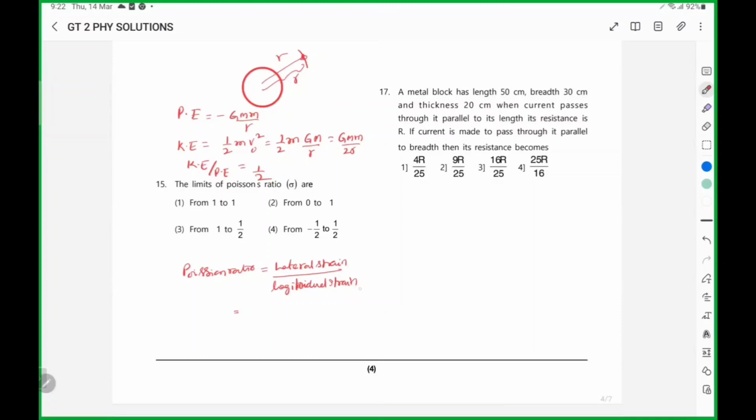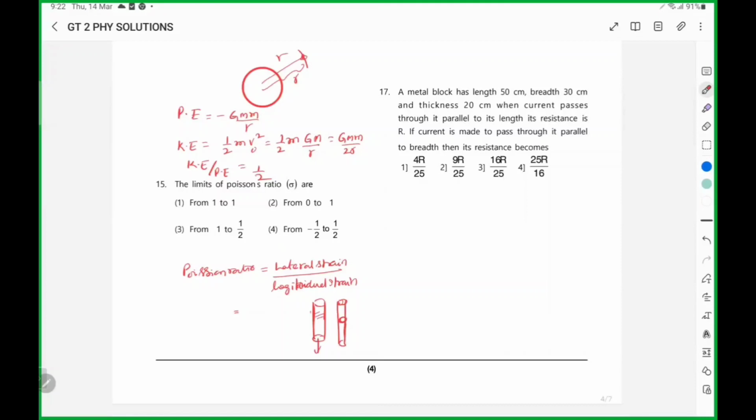So here there are two different possibilities. Lateral, once you take any wire, once you stretch it, its length increases as well as cross-sectional area decreases.